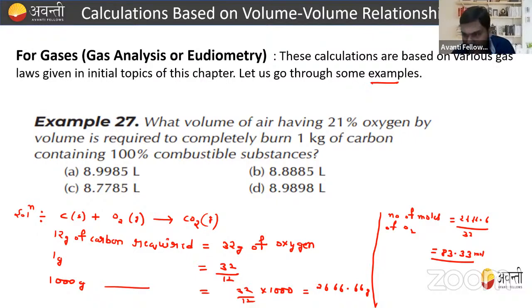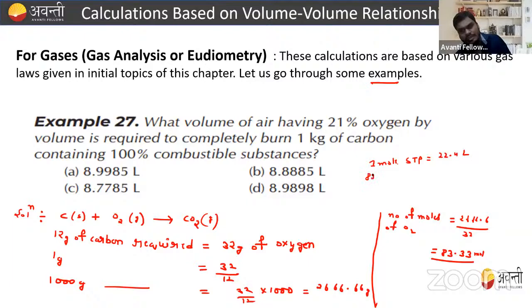Now we know that for the complete combustion, we need the volume of O2 at NTP. We know that 1 mole at NTP or STP is equal to 22.4 liter.